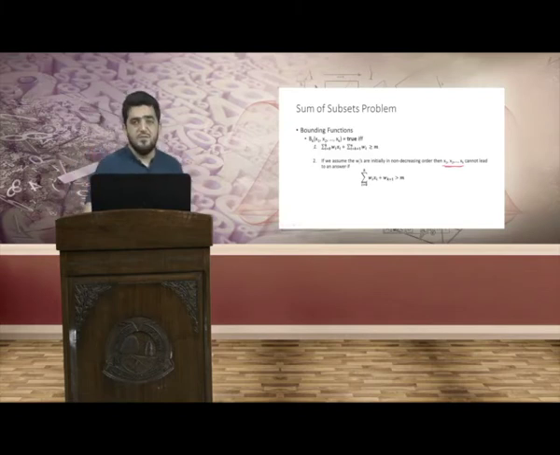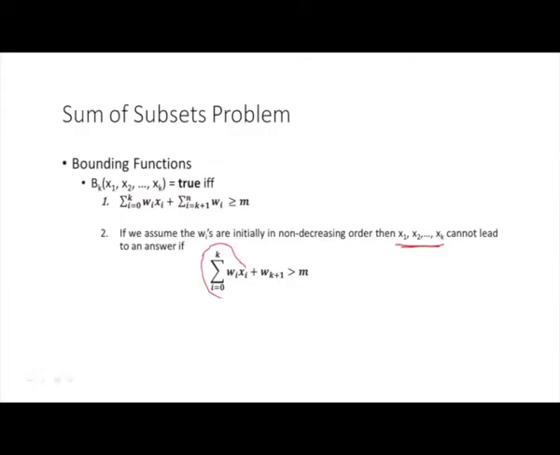What does this condition basically say? It says the sum of the weights that we have considered so far, plus the immediate next weight, is greater than m. What I am trying to say is, take the weights we have considered so far, for which xi is equal to 1.